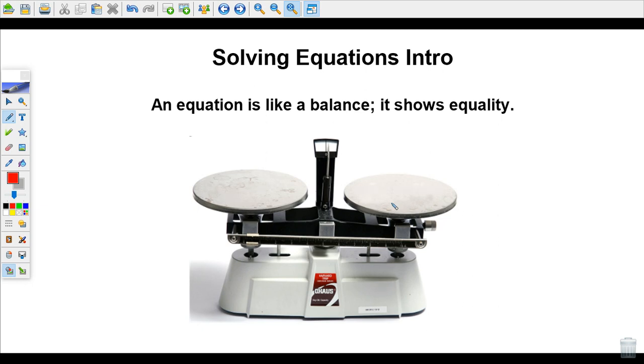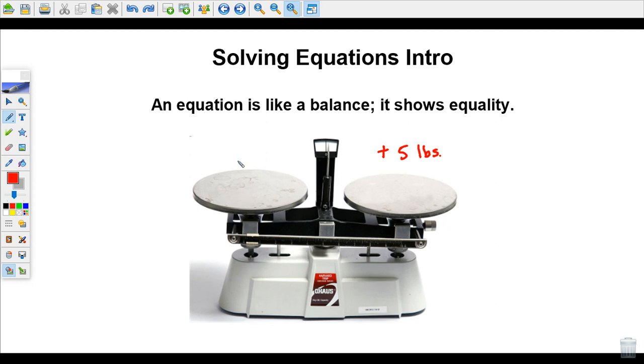Okay, let's say we add 5 pounds. So we add 5 pounds to this side only. What's going to happen with our balance? Well, this side is going to go down, right? And this side is going to go up. It's no longer in balance. It's no longer equal.